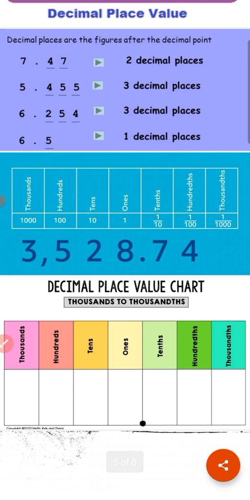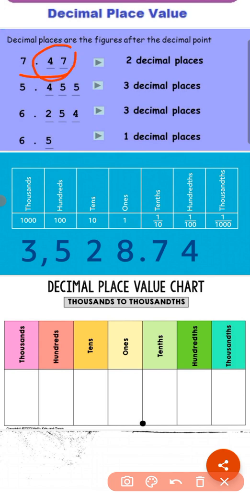Children, these are a few examples of decimal numbers. Decimal places are the figures after the decimal point. Here, these two digits are decimal places. So, it has two decimal places, 4 and 7.